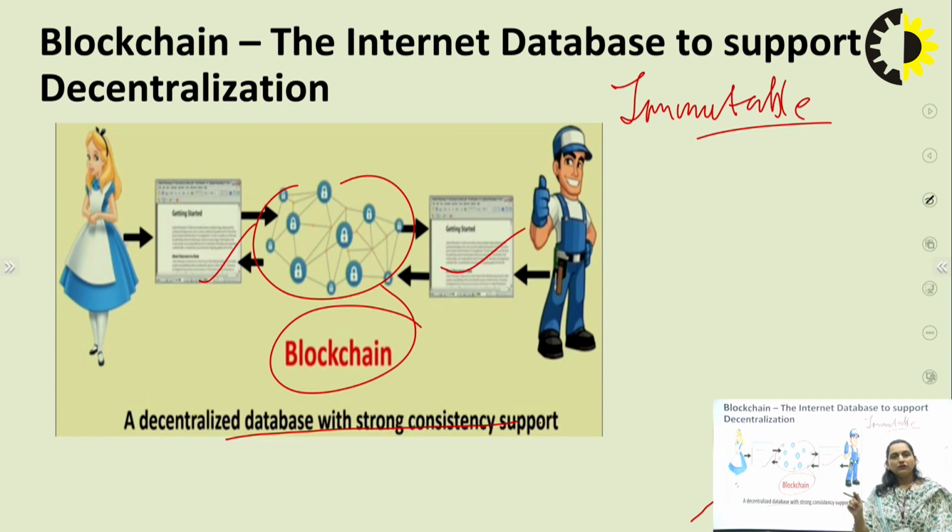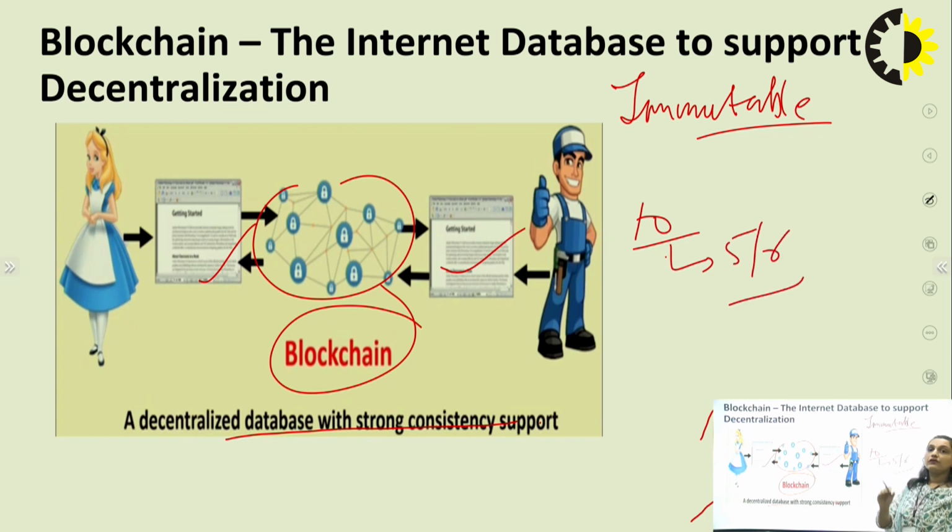In a chain of 10, you have to change a maximum of 5 to 6 blocks before you can make the update. So that is a big problem for hackers to do it. It is not possible.